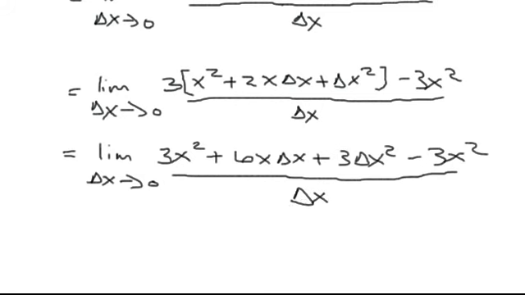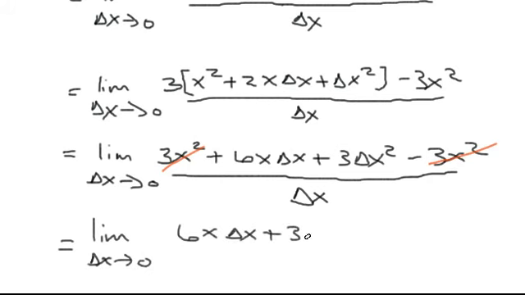Now we can cancel things out. So the 3x squareds cancel out, right? And that looks like that's it for right now. So we have the limit as delta x approaches 0 of 6x delta x plus 3 delta x squared, all over delta x.